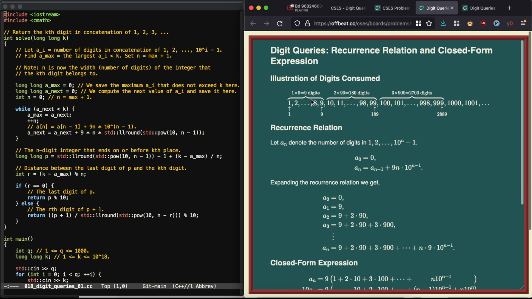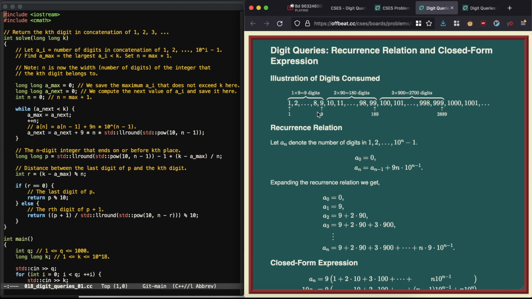What I've done with these braces here is group all these numbers by the number of digits in them, which I will also call the width of the integer. So all these integers are 1 digit wide, all these integers are 2 digits wide, all these integers are 3 digits wide, and so on.